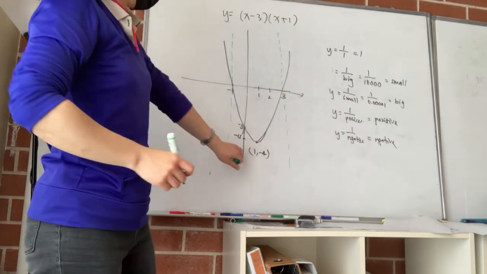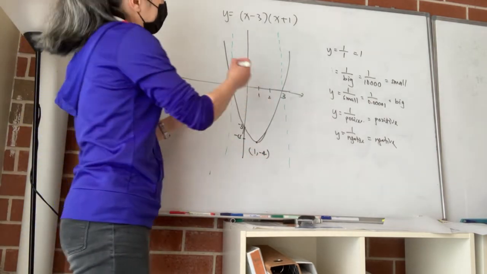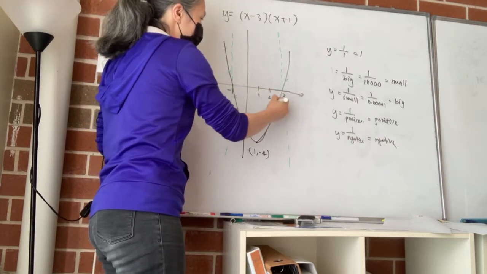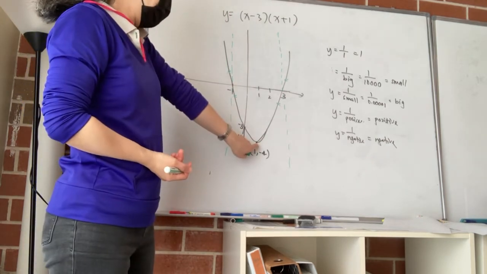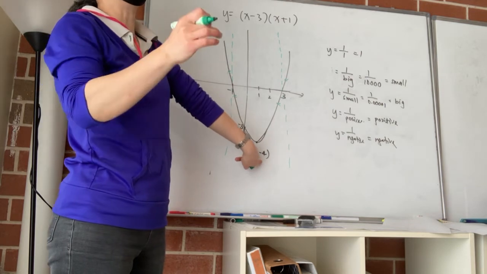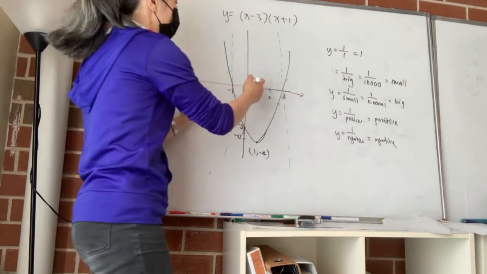Why do I want you to find this point? The reason is when you do the sketching, you know this point which is a 1 is going to stay here, and that point is going to stay there. You have 4 points, and this is another point I want you to indicate. When you have 1 over negative 4, you are going to have negative a quarter, which is really close to here.